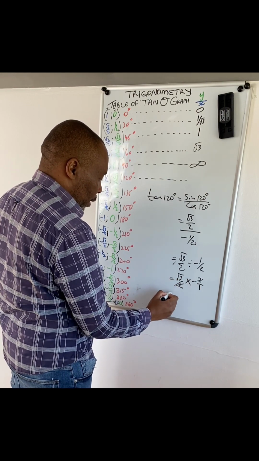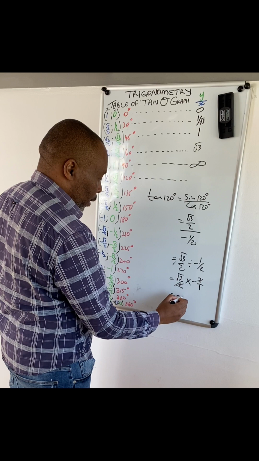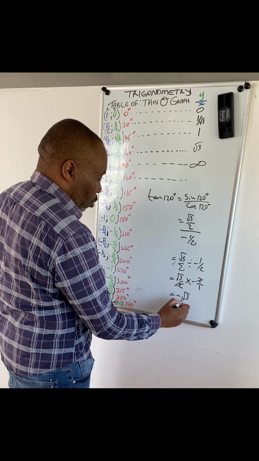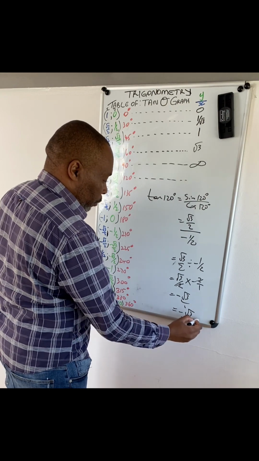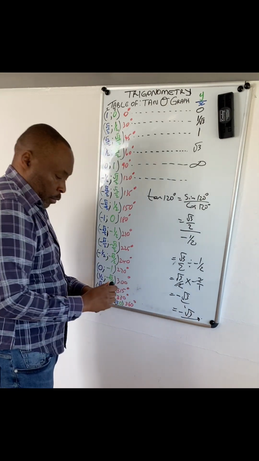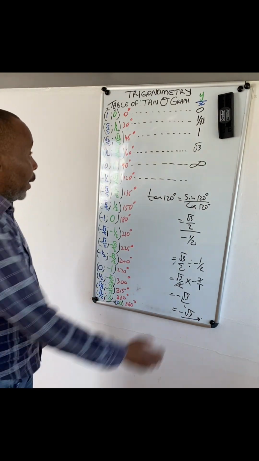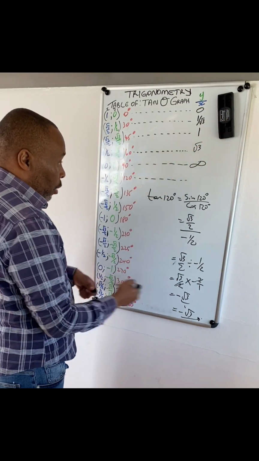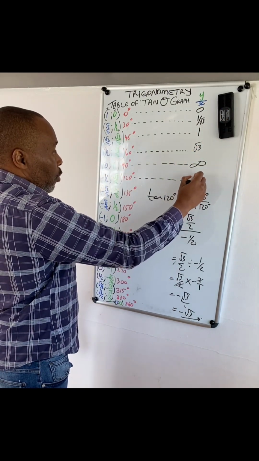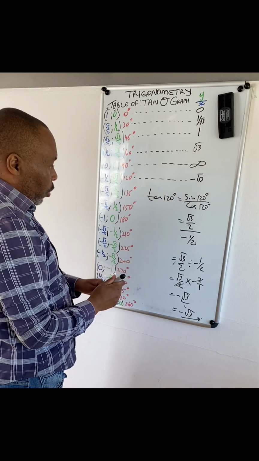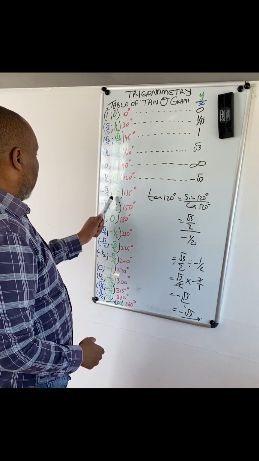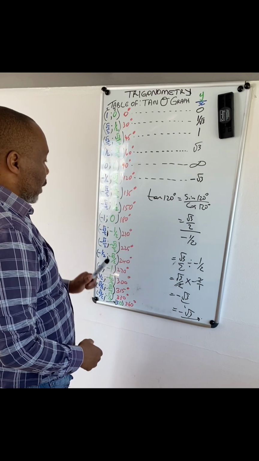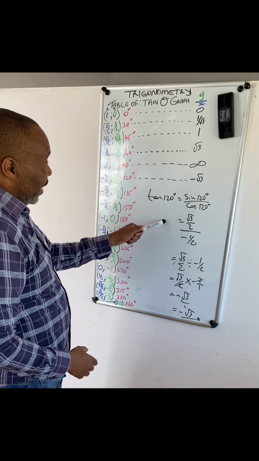This cancels, and then we've got a negative root 3 over 1, which is equal to a negative root 3. Boom, negative root 3. Why? Because now we are dividing a positive and a negative. So in the second quadrant, tan is negative.